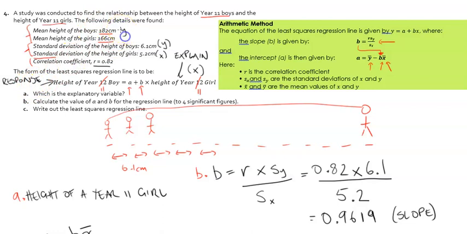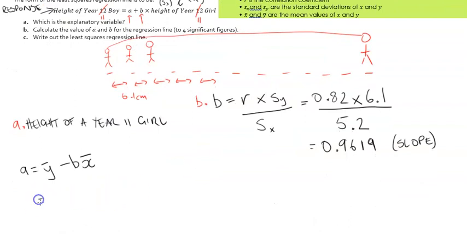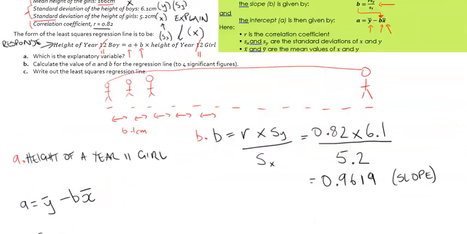So this is y dash here. Meaning this one here, the mean height of the girls, is x dash.